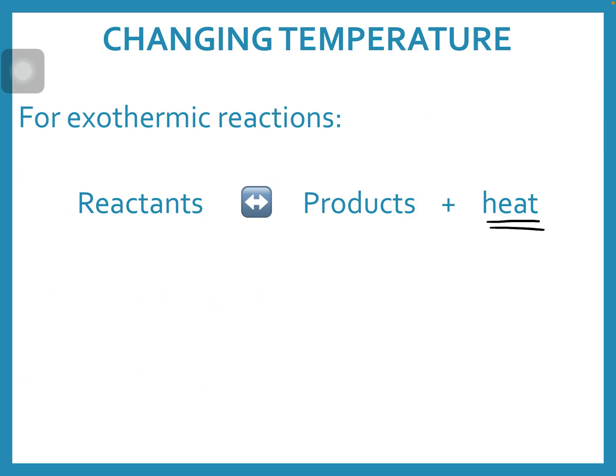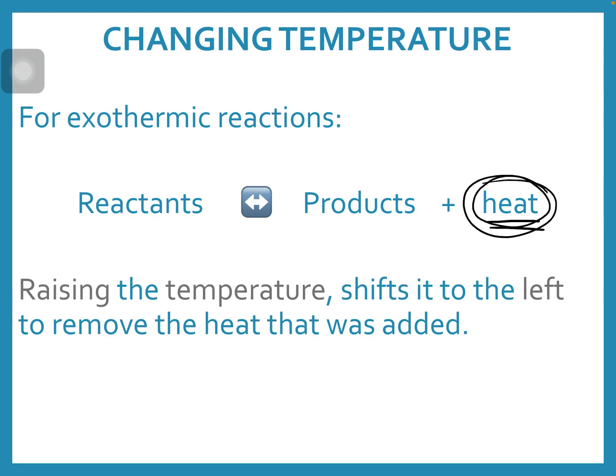Heat is produced. So just like with concentration, we are going to look at heat as a product. So we can either add or remove heat, which in this case is a product. So if I increase the temperature, it means that I am adding in more of a product.